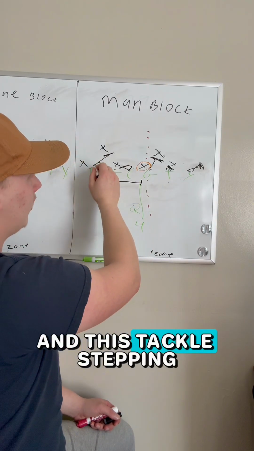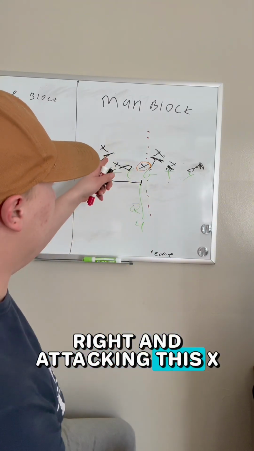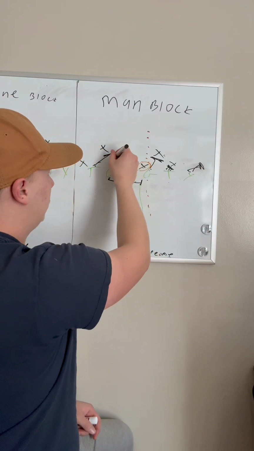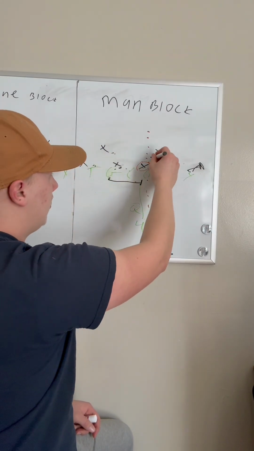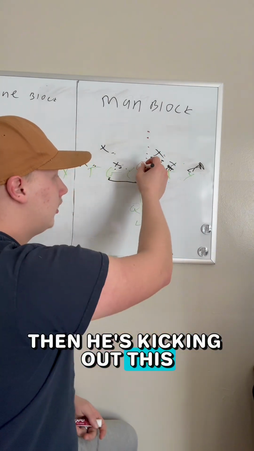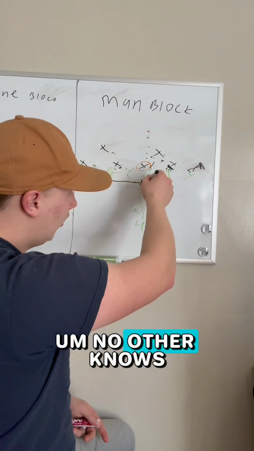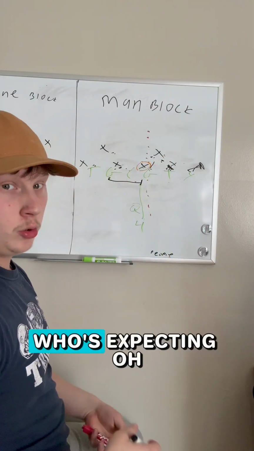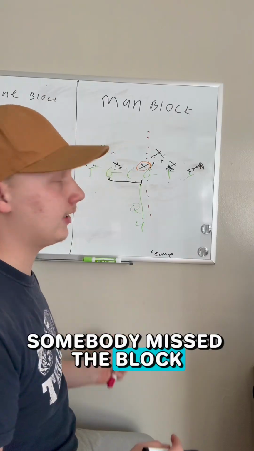And this tackle is stepping right and attacking this X. And obviously this guard is pulling and then he's kicking out this other nose or play side nose who's coming down, who's expecting, somebody missed the block, now he's getting hit.